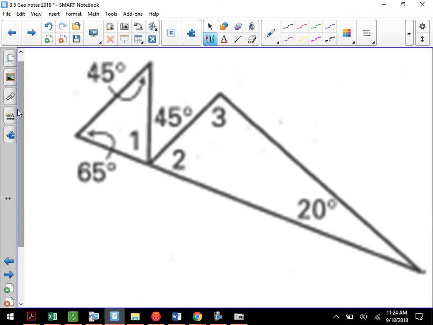Do I need to know those top angles? Why? No, I'm not trying to figure out anything up here. Angles 1, 2, and 3.